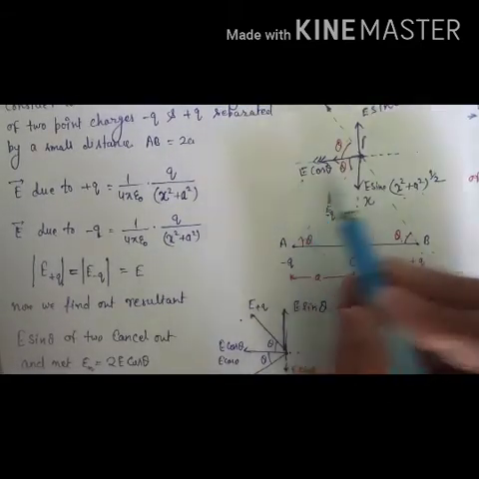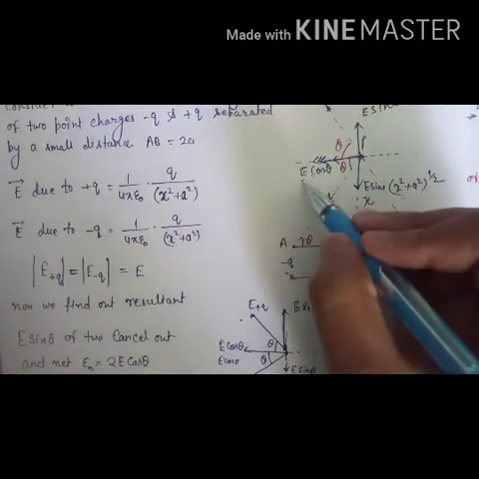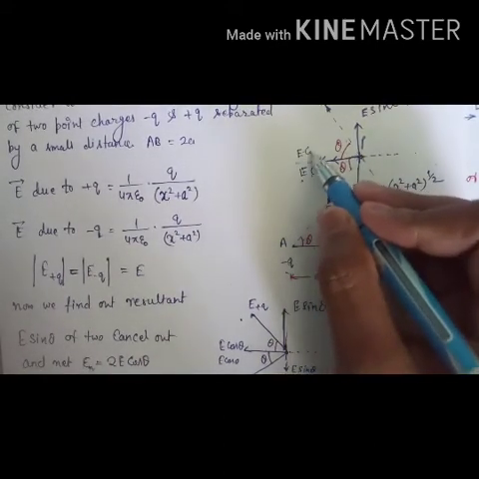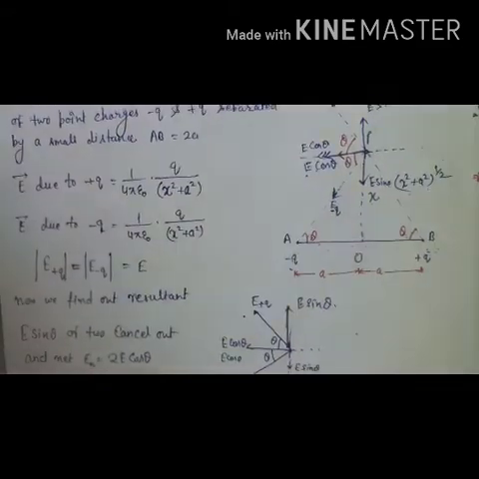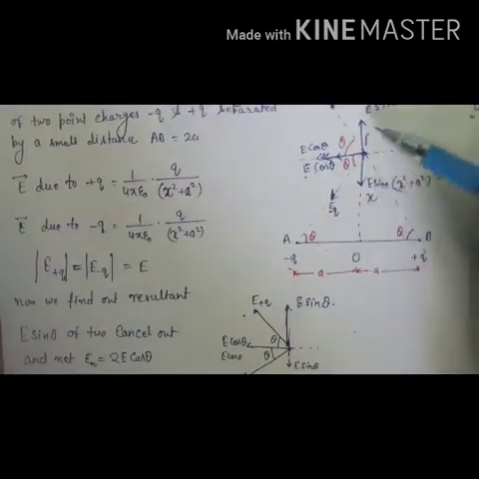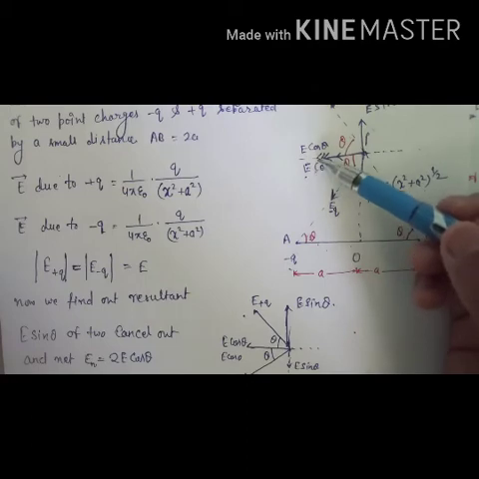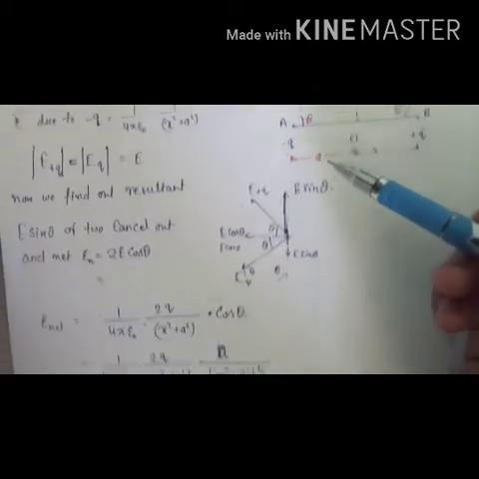E cos theta due to minus q, E cos theta due to plus q, and E sin theta and E sin theta are equal and opposite, so these two cancel out. We have E cos theta and E cos theta, both adding, so we get 2E cos theta.